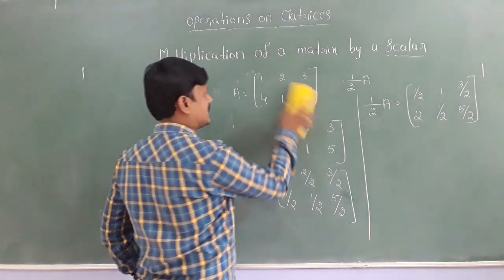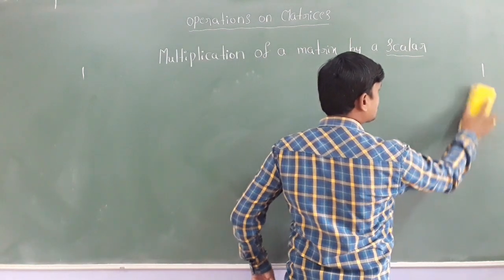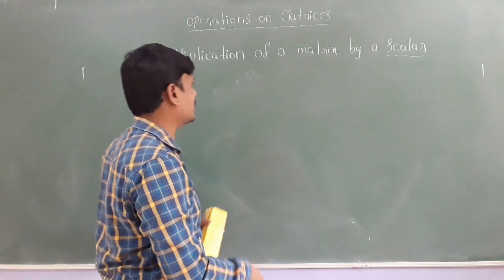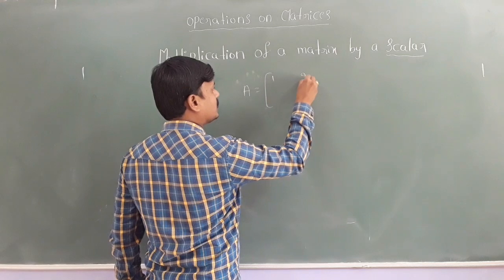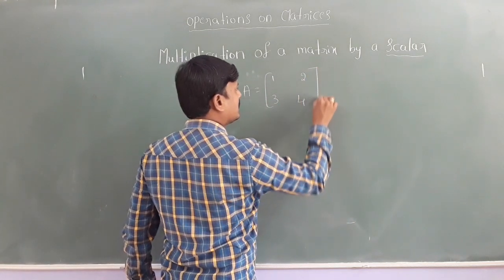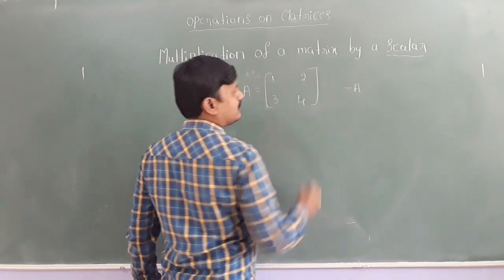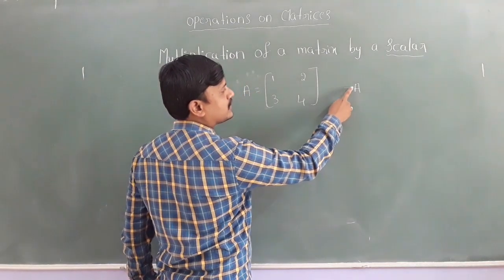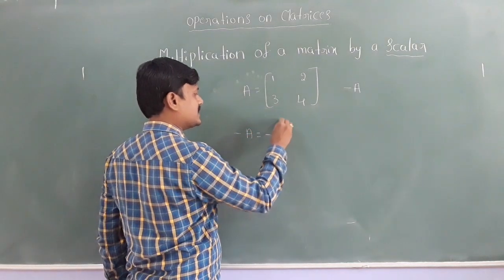Consider another example. We can multiply by a positive number, a negative number, or 0. If A is the matrix 1, 2, 3, 4, find out the value of minus A. It means we multiply matrix A throughout by a negative sign. Minus A means minus as it is.